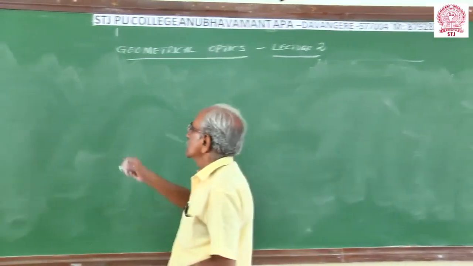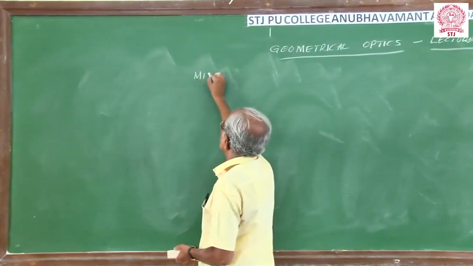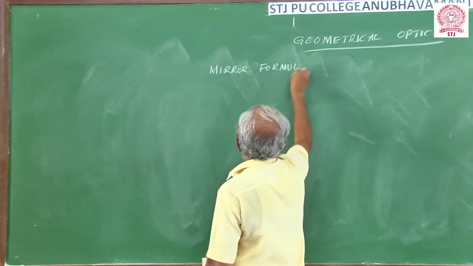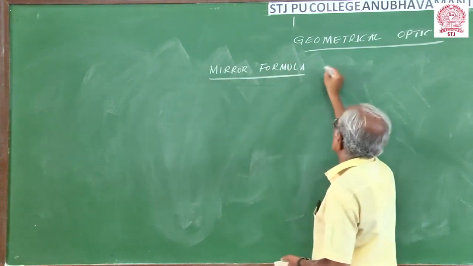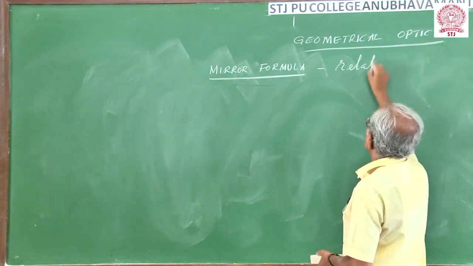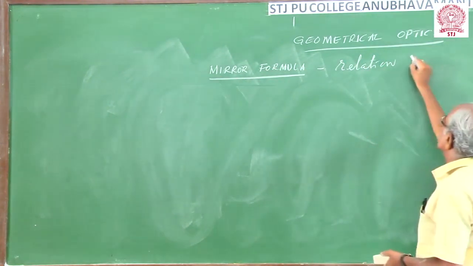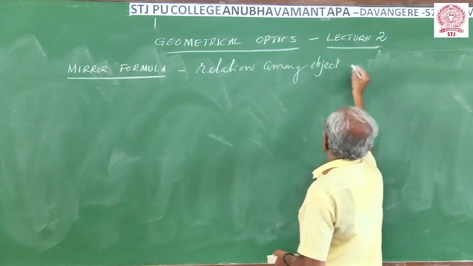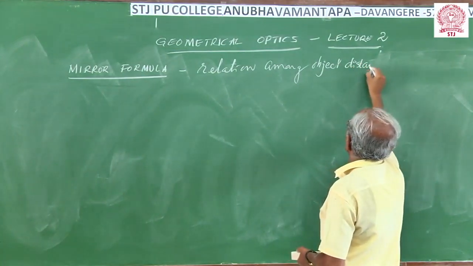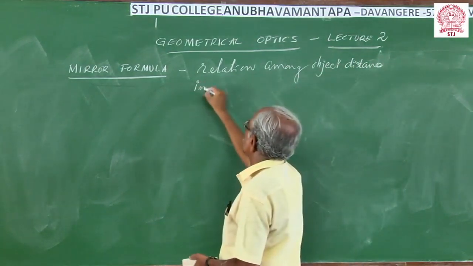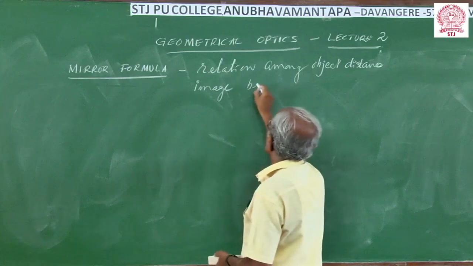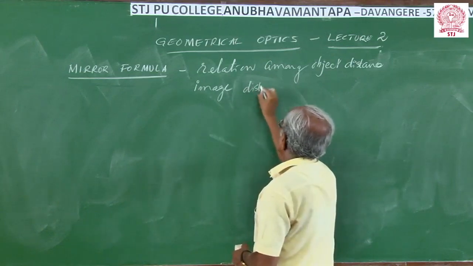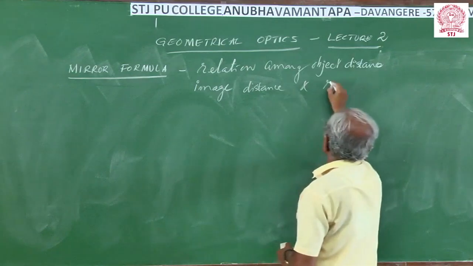We'll go to another important relation, the mirror formula, or the relation between object distance, image distance and radius of curvature.